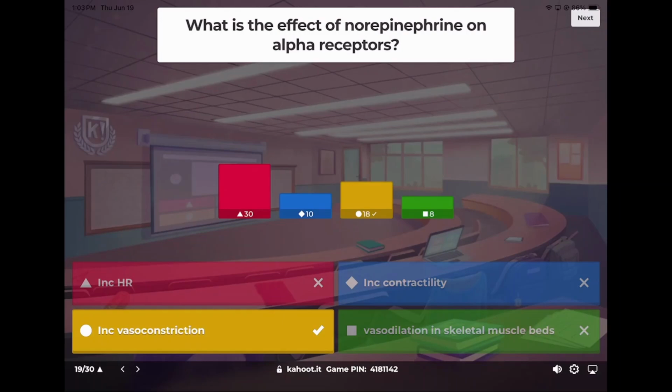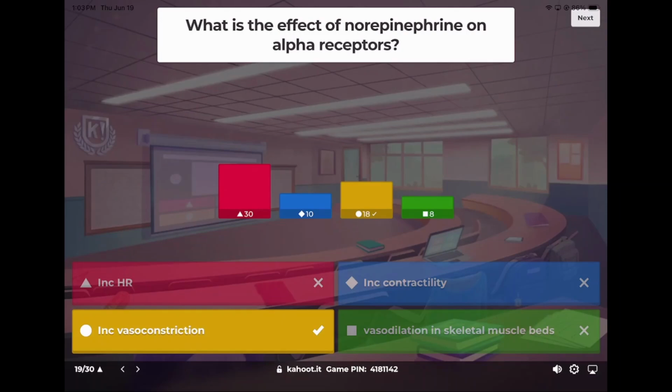It's not a vascular property. Vasodilation in the skeletal muscle beds. What would the question have to ask for that answer to be true? Epinephrine. Okay? Epinephrine will cause the vascular muscle beds to dilate so that you have more blood going to your muscles in a fight or flight.